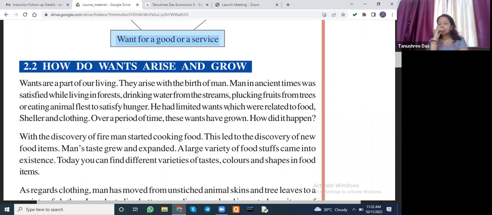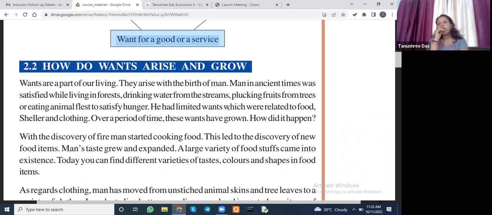So after the development of the civilization, people came to know that there are many other forms of using the same commodity. Now people require means to have fire, means to cook the food, means to serve the food. So gradually the want arose from the hunger.